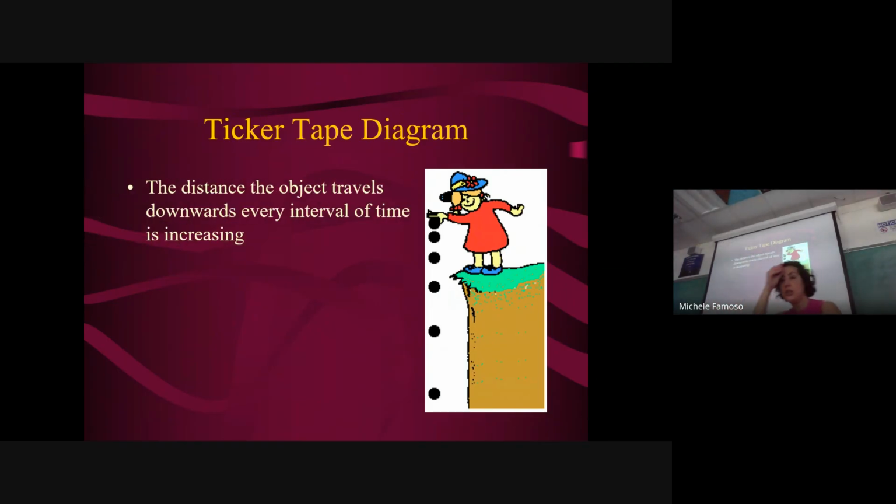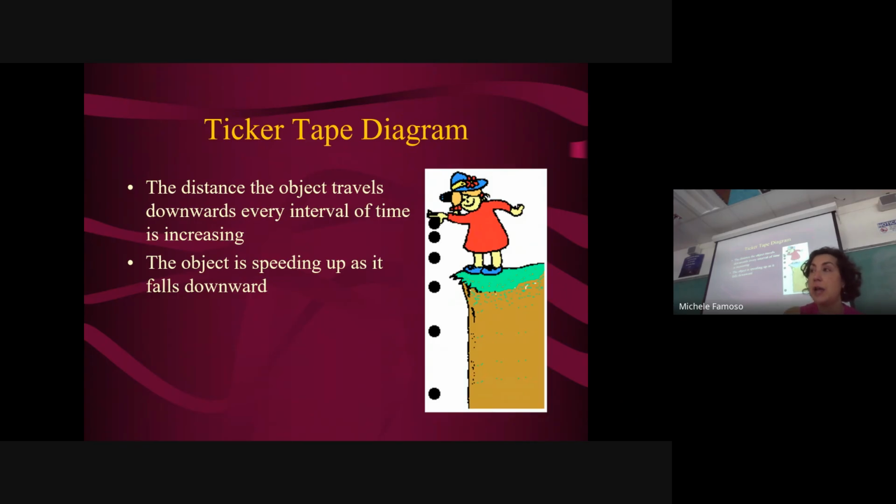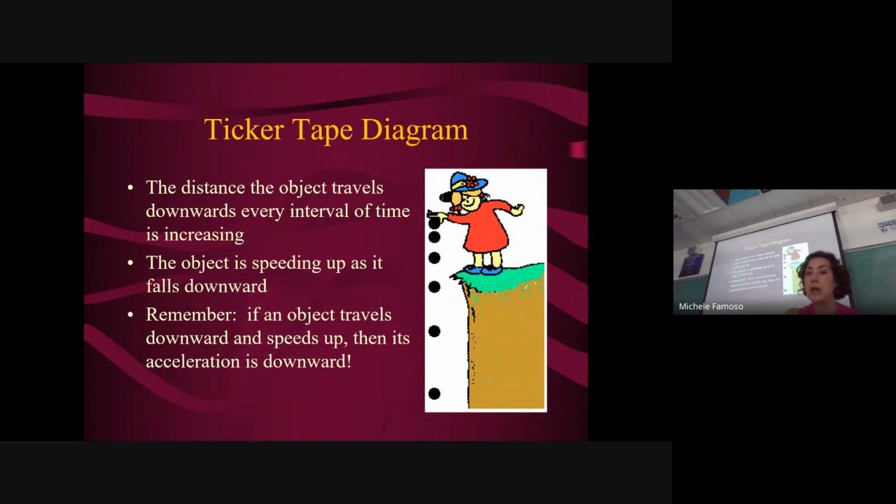Notice that on that ticker tape diagram, the distance we travel every second in the downward direction is getting bigger and bigger. What does that mean? It means that we are speeding up as we fall down to the ground. And since the downward direction is the negative direction, we're speeding up as we go down.